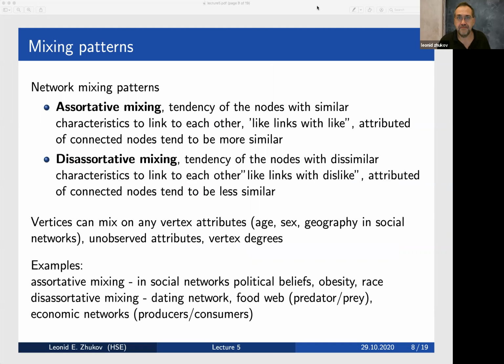The next topic that I want to cover today is mixing on networks. Quite often on networks, especially social networks, you will see that nodes that have similar characteristics tend to be linked to each other.